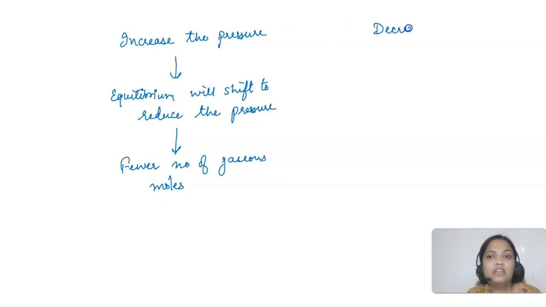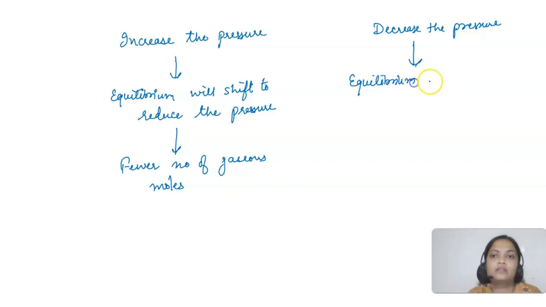Okay, but if I am decreasing the pressure, pressure decrease भी हो सकता है. How? By increasing the volume. अगर हम volume increase कर दे तो pressure कम हो जाएगा, right? So equilibrium will shift to increase the pressure. Now increase कब होगा?